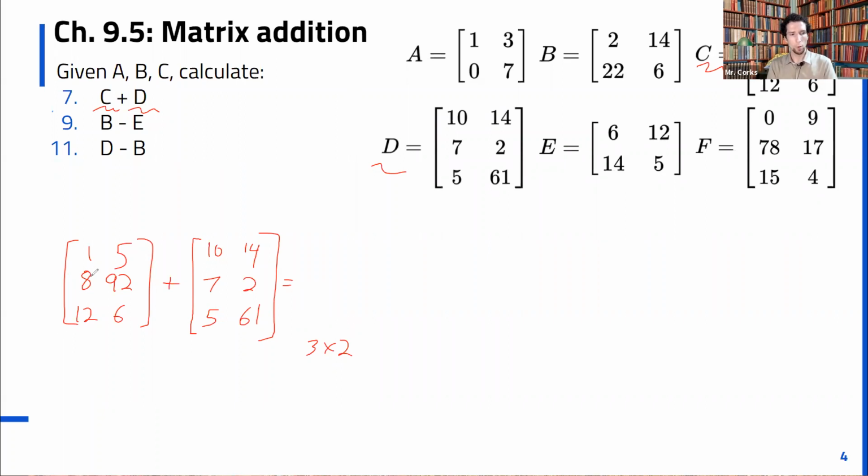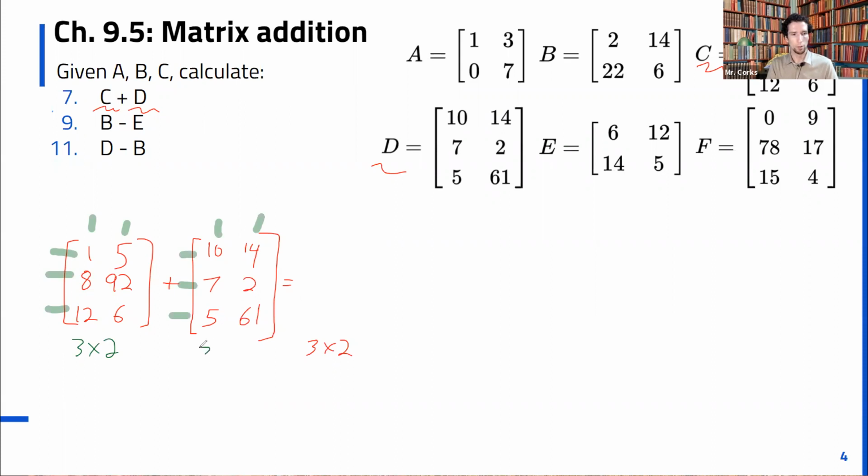So the first one here, matrix C, is a 3 by 2 matrix. Let's do this in a different color. 3 by 2, because we can see it has 1, 2, 3 rows, 1, 2 columns. The second matrix we're adding, D, same thing, 1, 2, 3 rows, 2 columns.